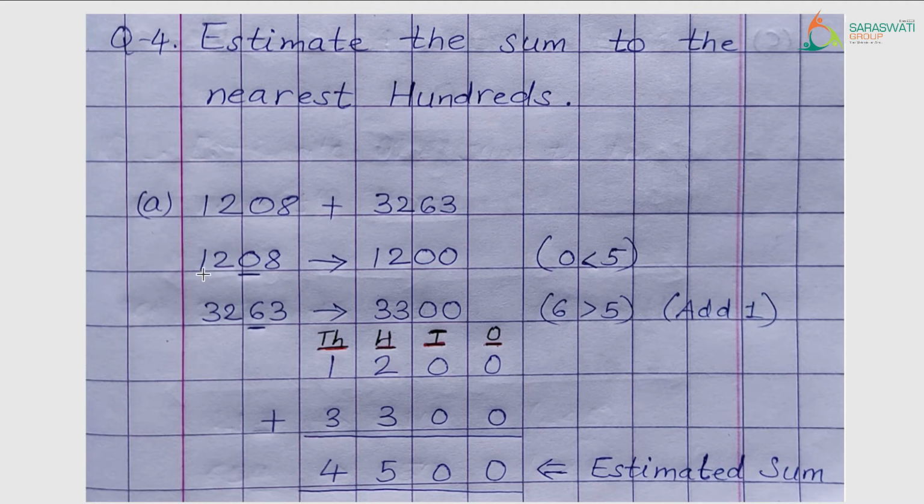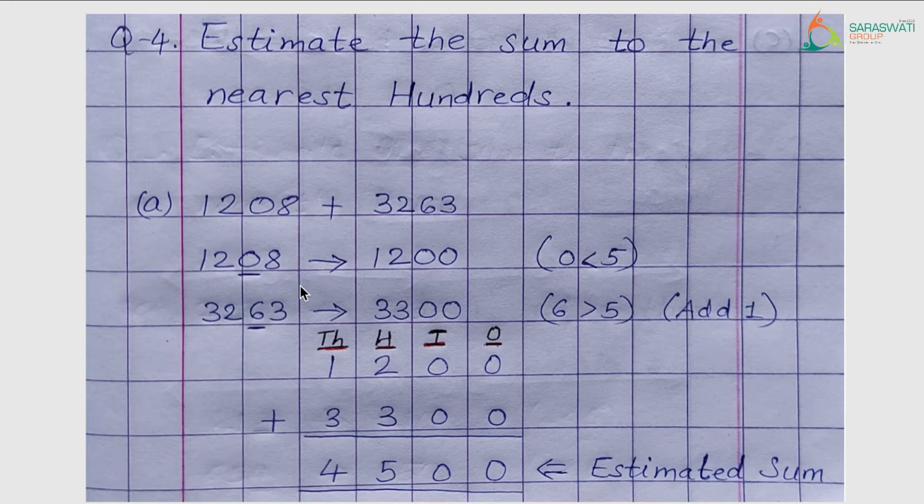So for the number 1208, here we will observe the tens digit. We will compare this with 5, right? After the hundreds place, which place comes? The tens place, right? So we compare the tens digit with 5, and in this number 0 at the tens place is less than 5.